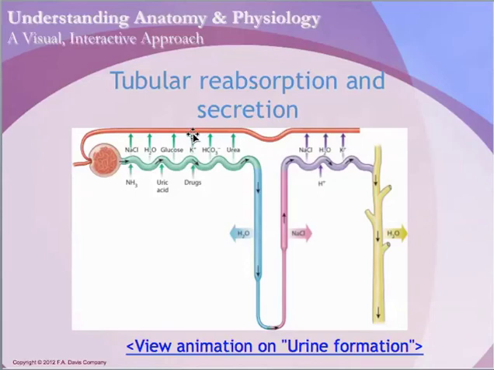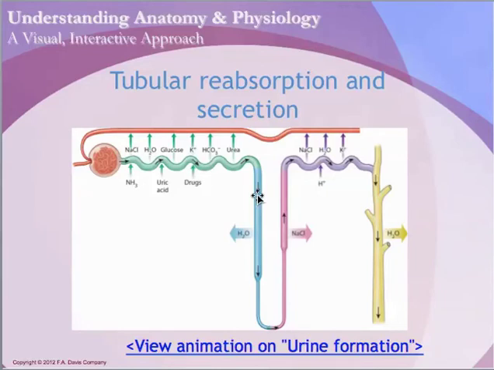Tubular secretion, on the other hand, occurs when we still have waste products, ammonia, uric acid, certain drugs, or the breakdown of certain medications, that stayed in the bloodstream because they were maybe attached to large proteins, but our body needs to get rid of them. So tubular secretion means that the capillaries that are wrapped around the tubules actually force those products out of the capillaries into the renal tubules.